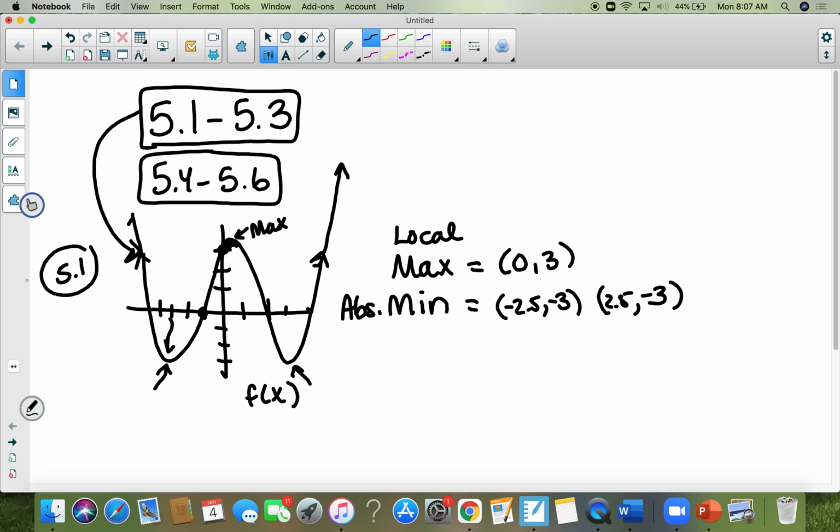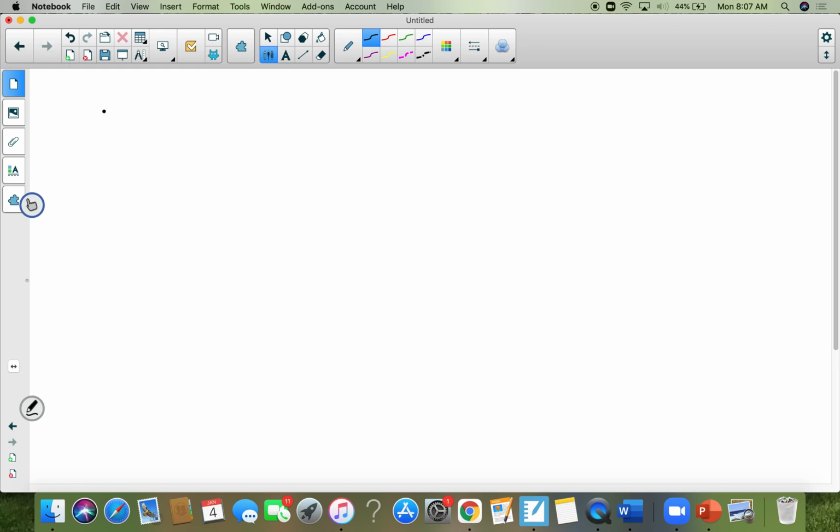So that's all you learned in 5.1. You learned how to stare at graphs and figure out maximums and minimums, local max and absolute max and mins. Okay, moving on to 5.2.